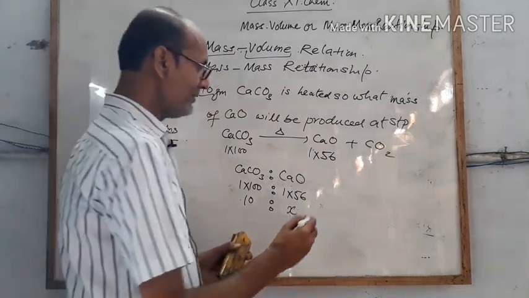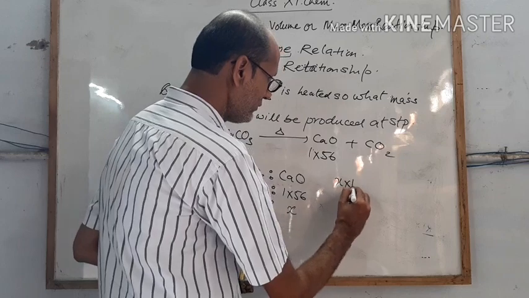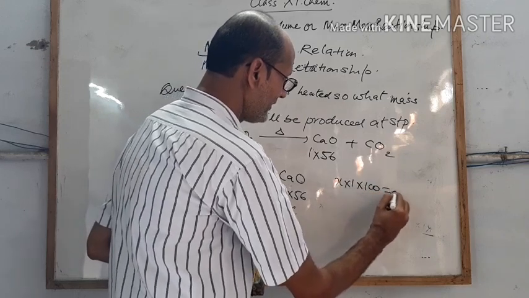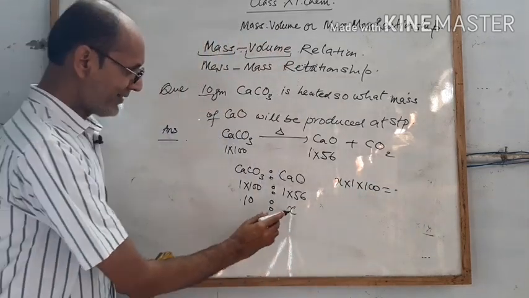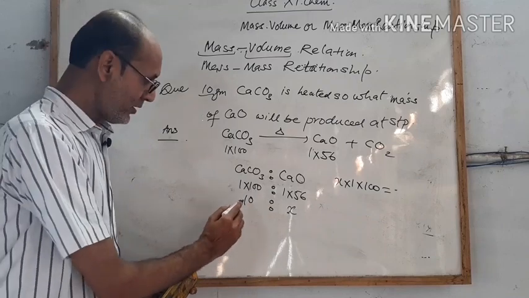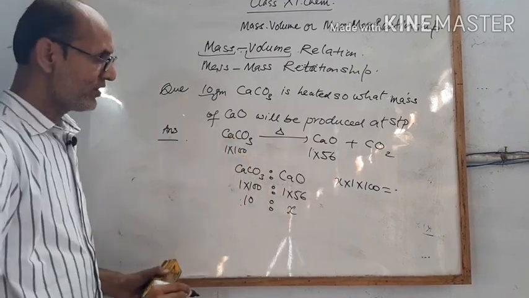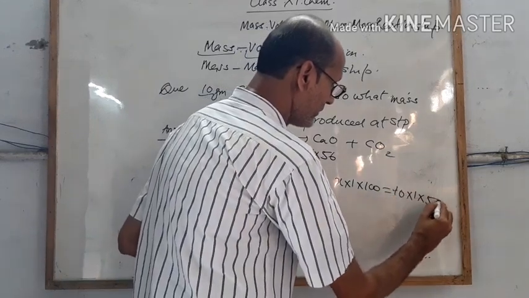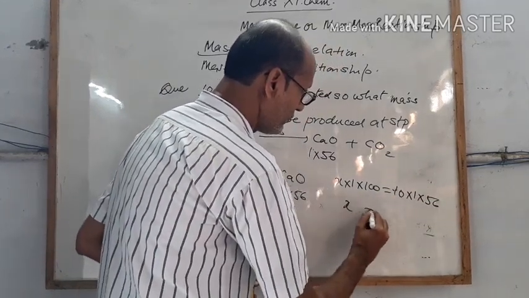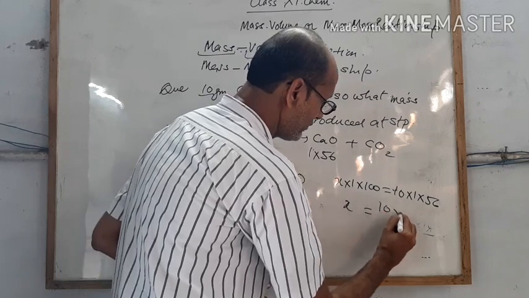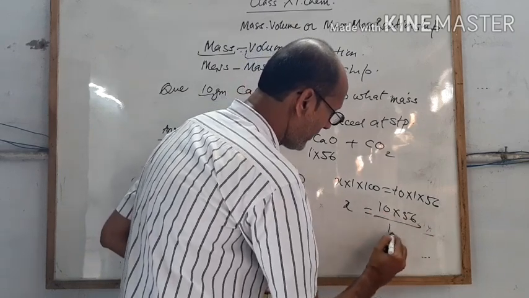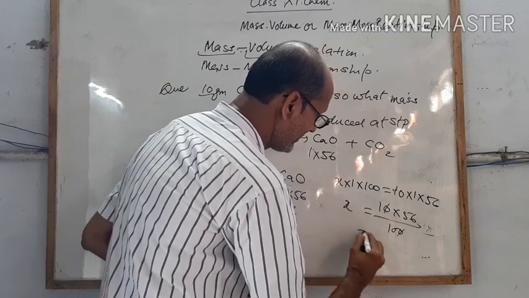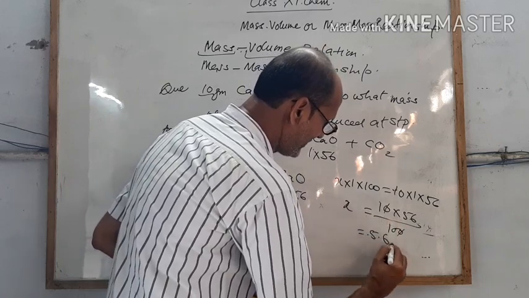Cross multiply: X into 1 into 100 is equal to 10 into 1 into 56. So X is equal to 10 into 56 upon 100, 10 cut by this, and the answer is 5.6 gram.